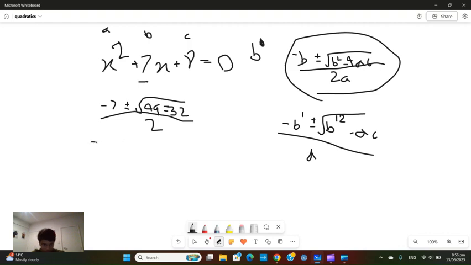Which is equal to negative 7 plus or minus square root 17, divided by 2.